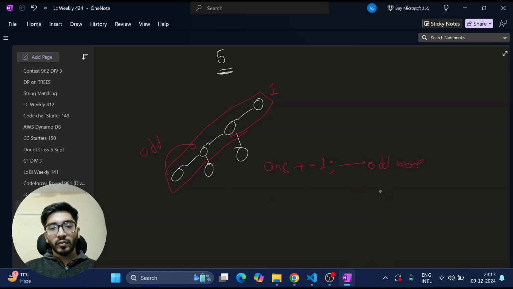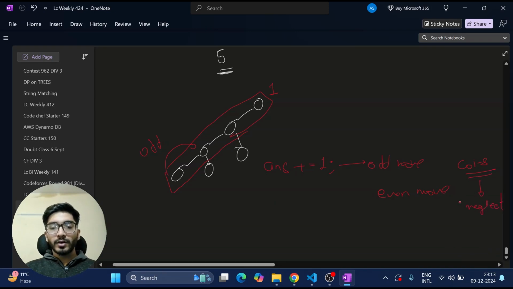For an even move, we can neglect even moves at most coins times, so we will neglect those even nodes that have maximum size of adjacency, which is the total number of nodes connected to this particular node.